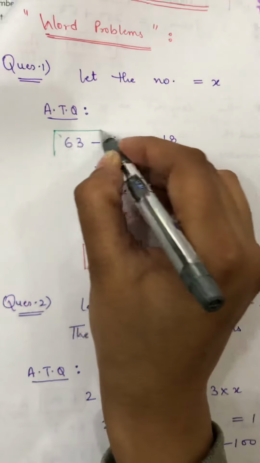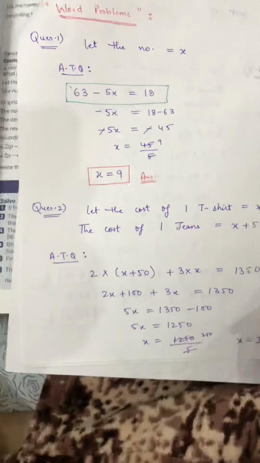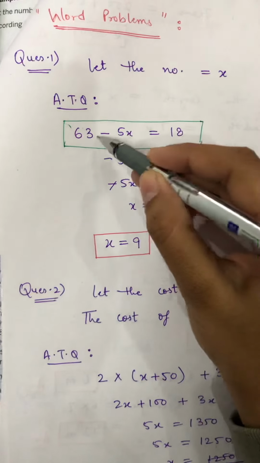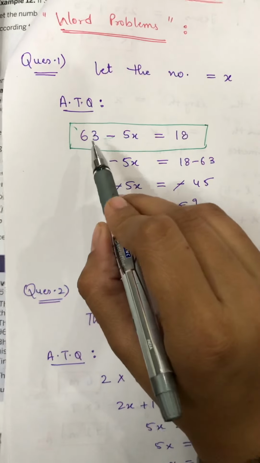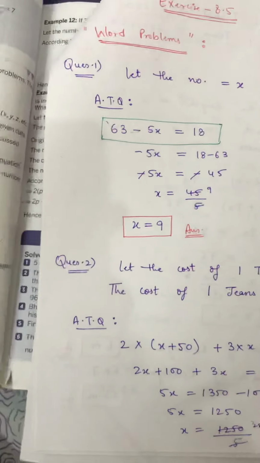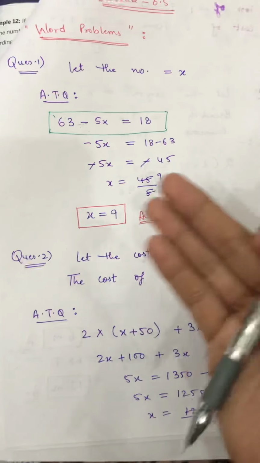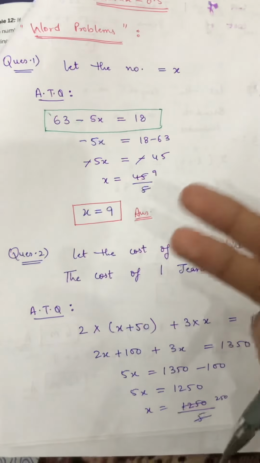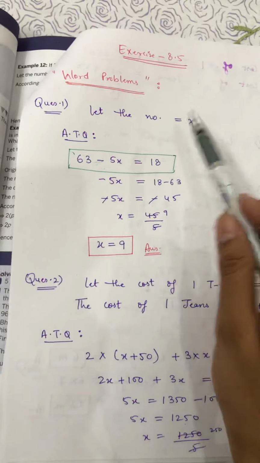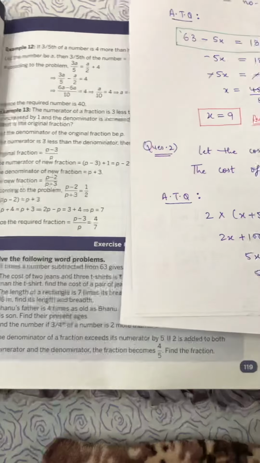Now you have changed the English sentence of the question into a linear equation. Keep your variables on the left hand side and constants on the right hand side. Minus minus will get cancelled, solve it, and the answer will be x is equal to 9. So that means your number is 9. This is your answer, right?